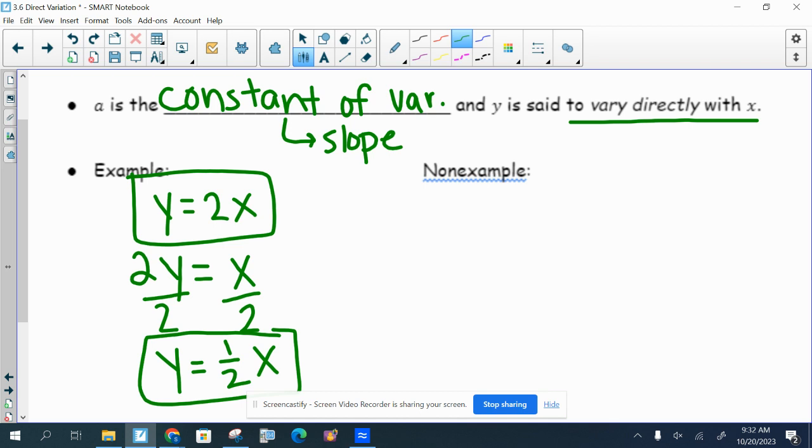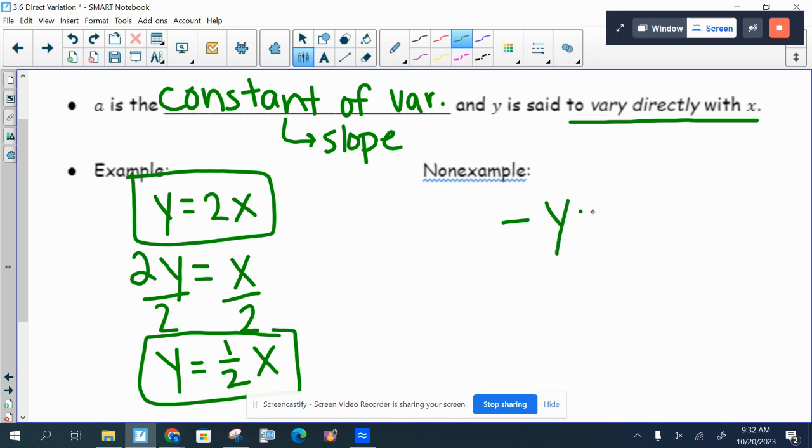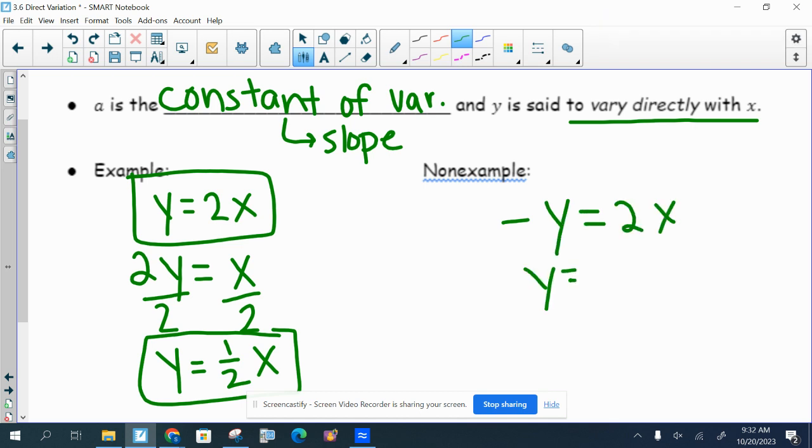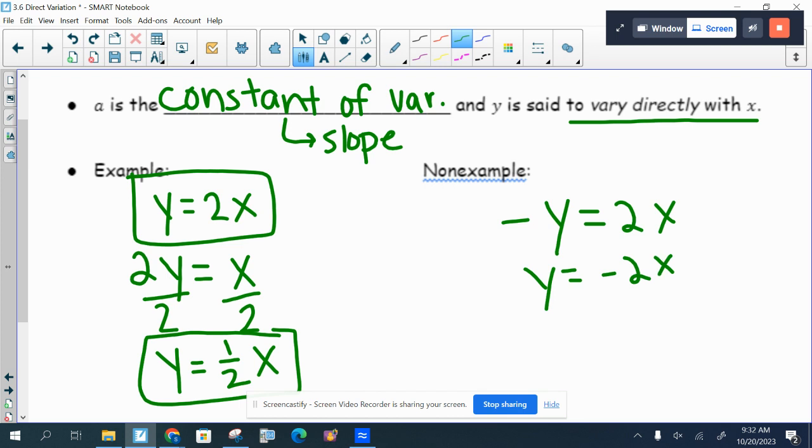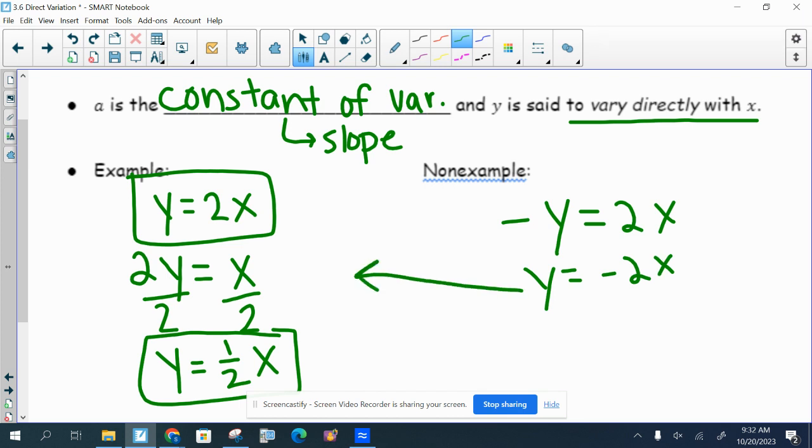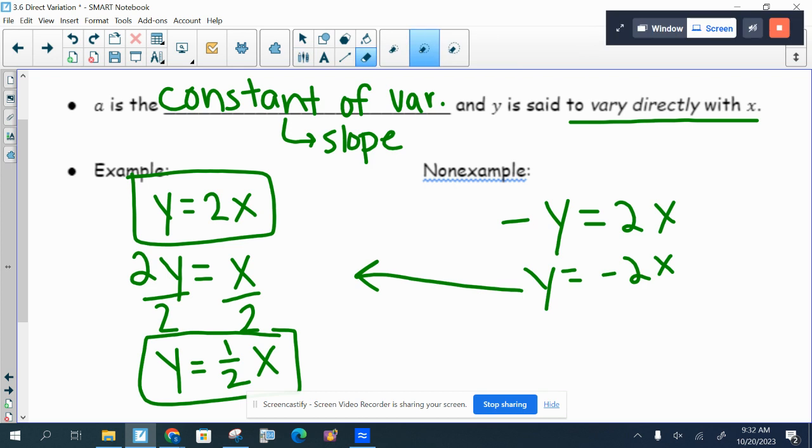So can you give me an example of something that's not direct variation? Max? Negative y = 2x. Well, can't we just divide both sides by negative 1 and get y = -2x? So that would be an example. So what would be something that's not an example?